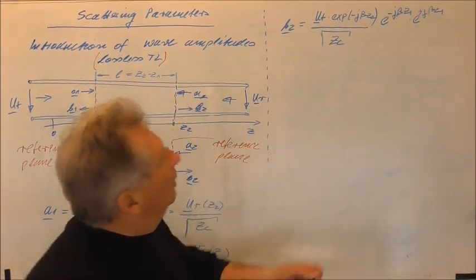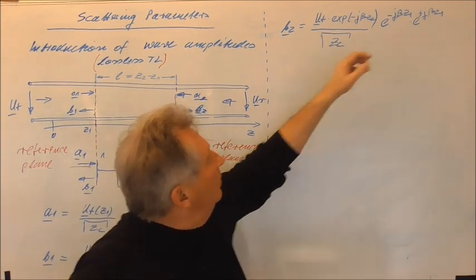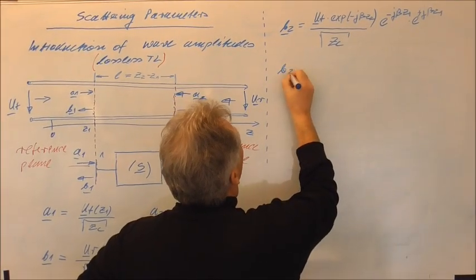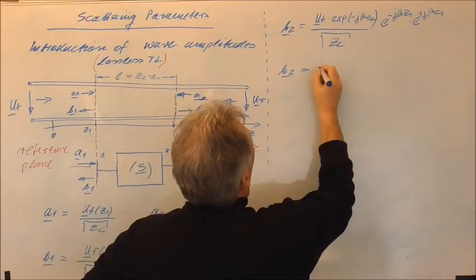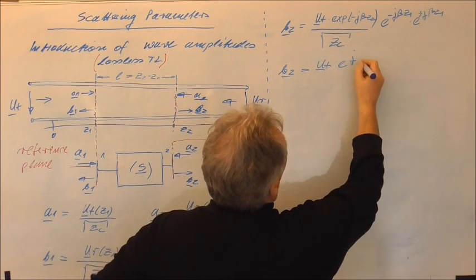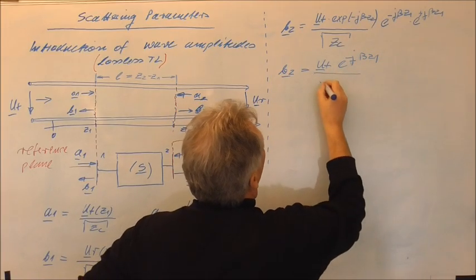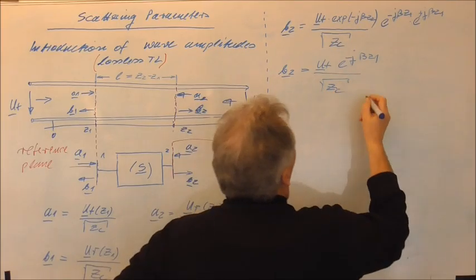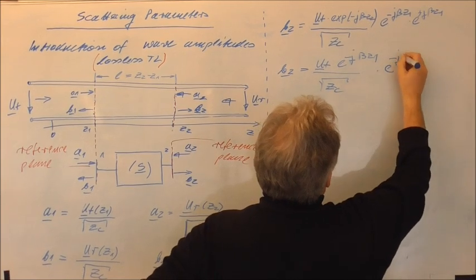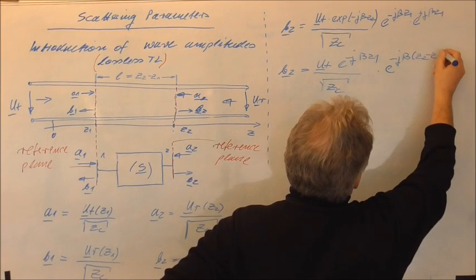So this is in principle a complicated one, but you see then the exponents will add, and we can write this like this. This is B2 times the forward traveling wave times the exponential function minus j beta Z1 divided by the square root of Zc. And here you have the exponential function minus j beta times Z2 minus Z1.